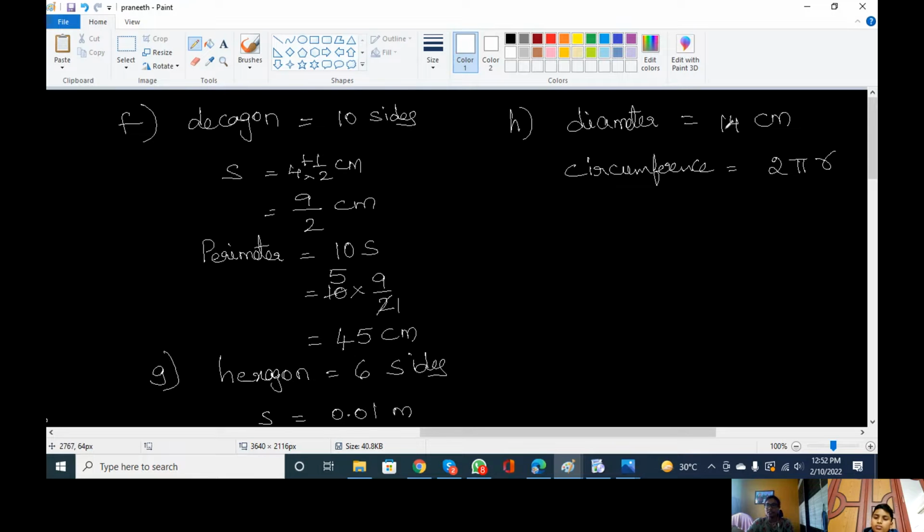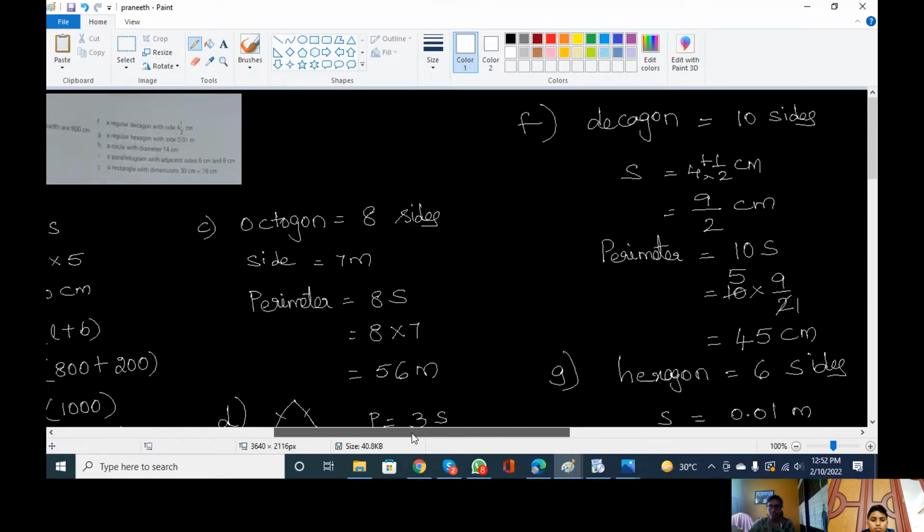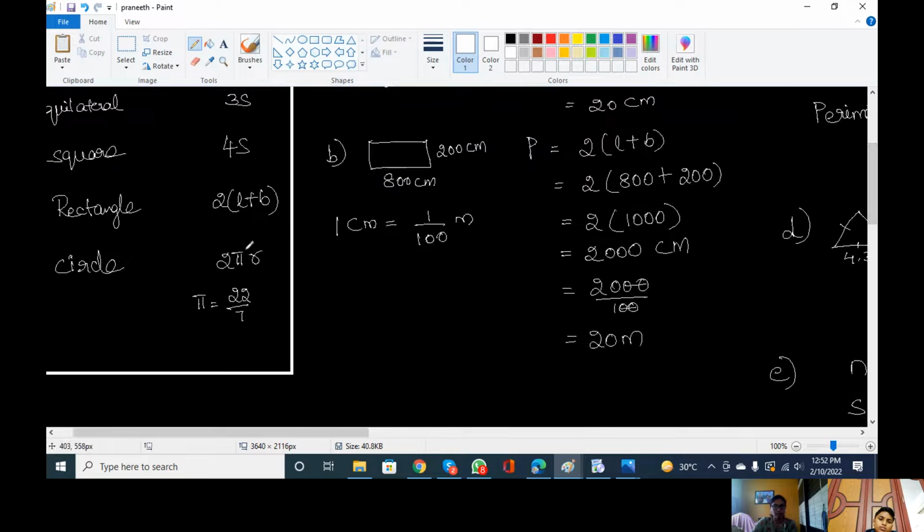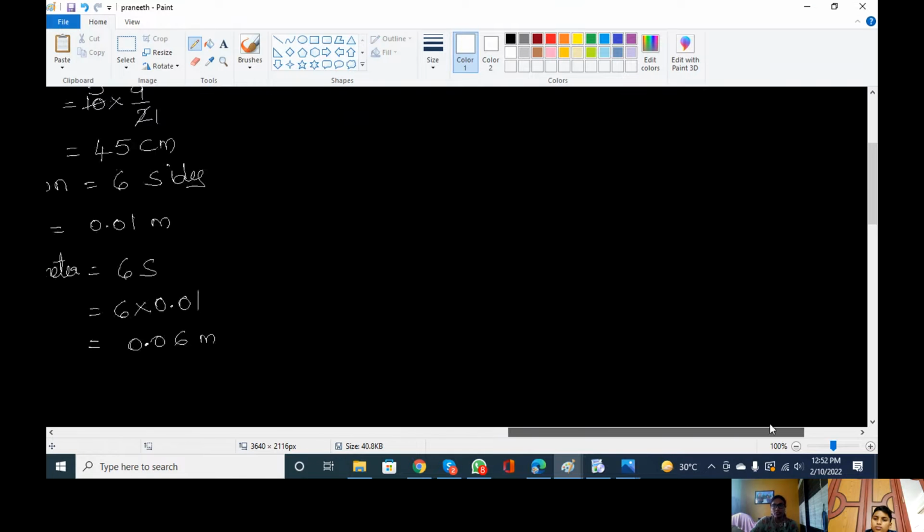Here they have given diameter, but in our formula we have radius. And also we have another formula. Let's put it on the board also. That is nothing but pi d. Pi d is another formula. Why pi d?